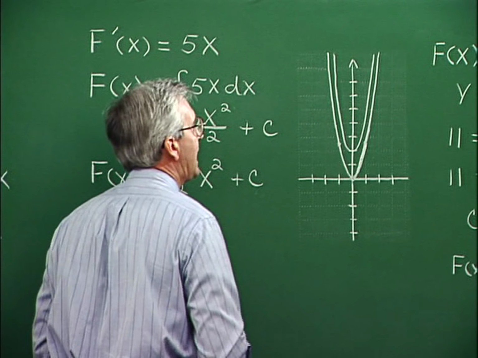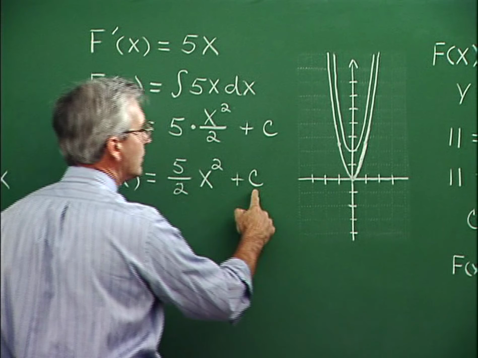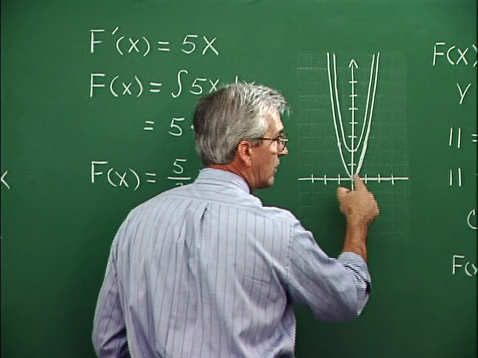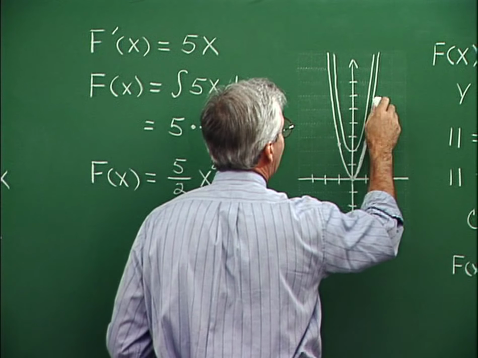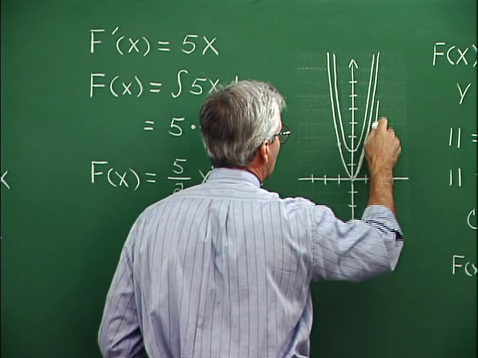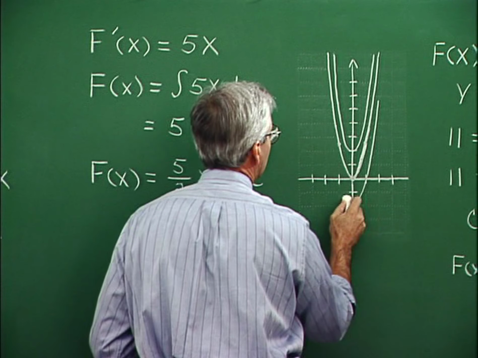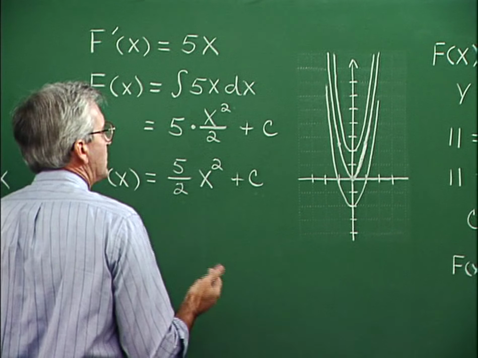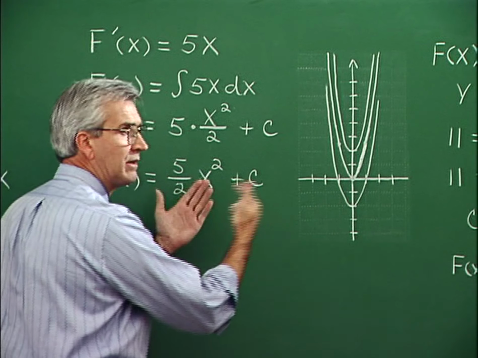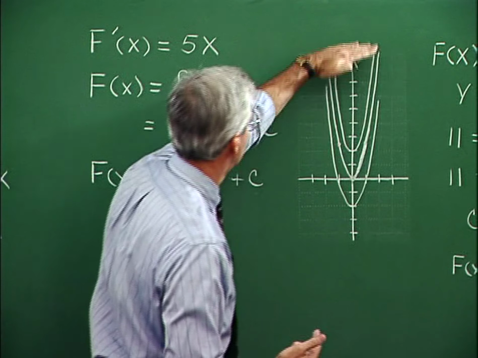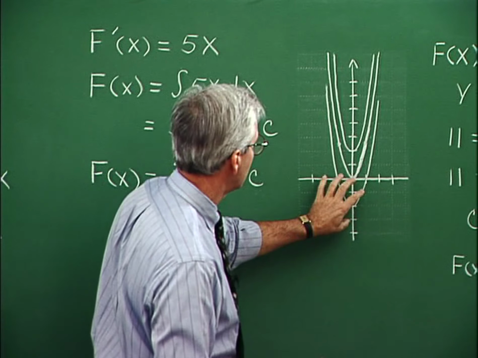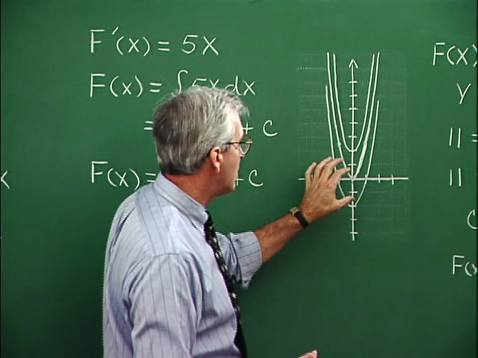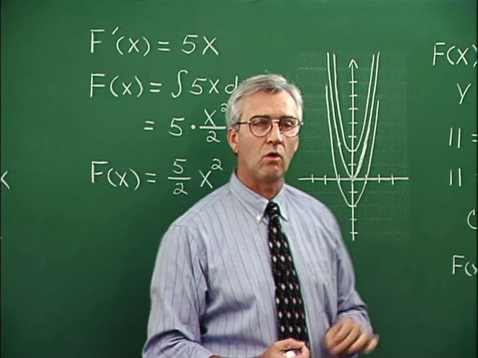And if on the other hand c were -2, then the basic graph would move down 2. So we would have something that looks like this. Okay, so depending upon c, the graph could be just about anywhere up and down, but shaped like this, that we would want it to be on the coordinate plane.